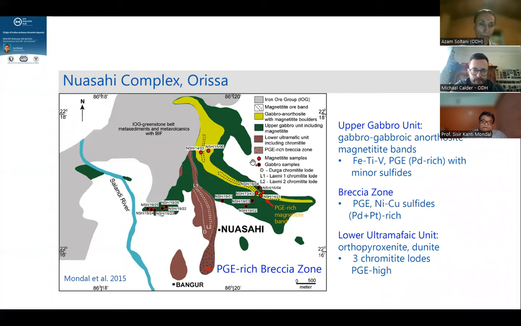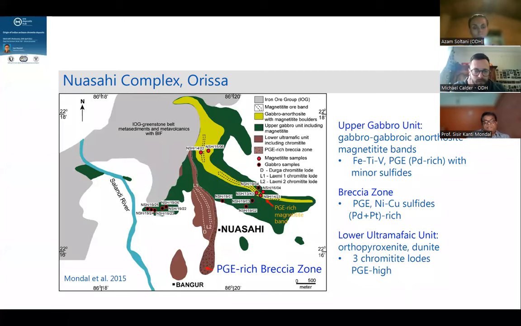where at the lower part of the complex, we have an ultramafic unit. Within the central part of this ultramafic unit, three thick chromitite layers are hosted within serpentinized dunite. At the western part, we have orthopyroxenite to harzburgite rock, and at the eastern part of this dunite, we have another orthopyroxenite unit.